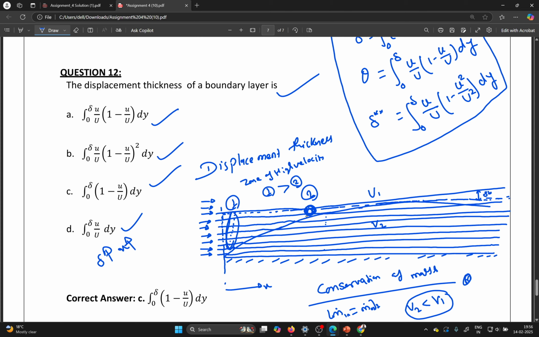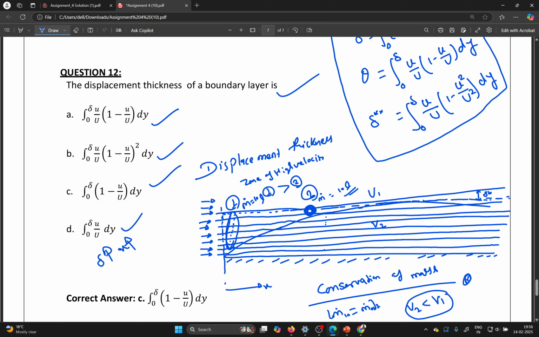But here you need to transport the same mass because the velocity is less. Like here is m dot, here you also need to pass m dot, let us suppose 10 liters. Within the less velocity area you still need to pass 10 liters.